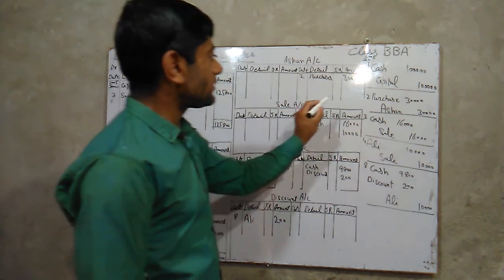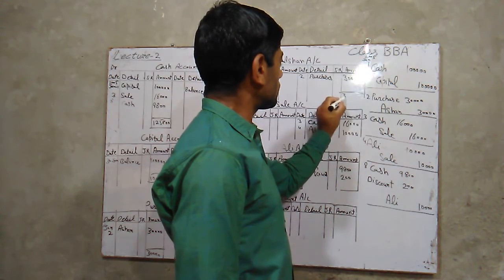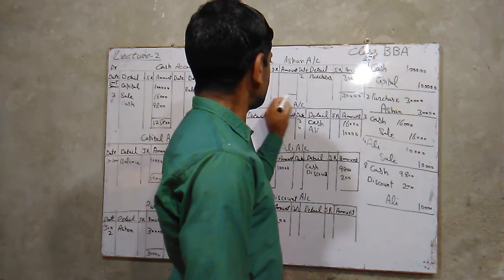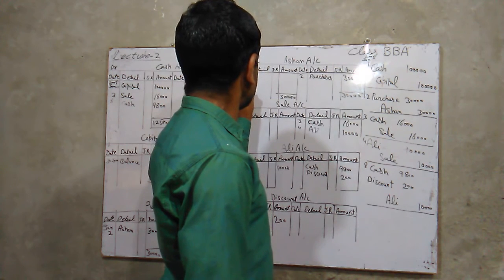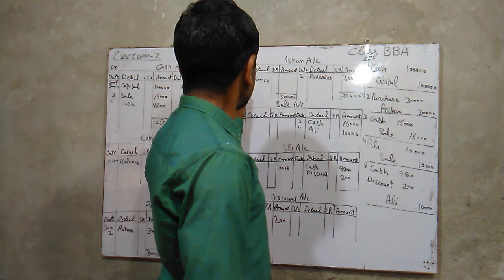Now the purchase account: 20,000, 30,000, 20,000.